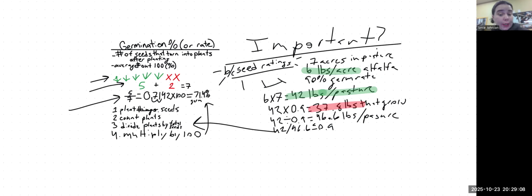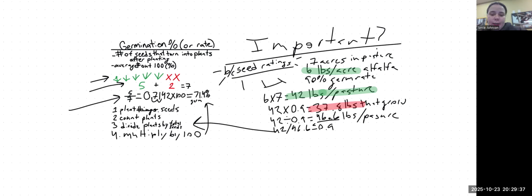If I wanted 42 pounds of seed to actually grow, then I could divide 42 by the number that I found and should get 0.9, which is the germination rate. And I did, so ta-da.